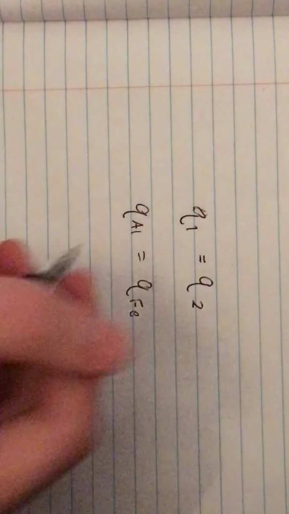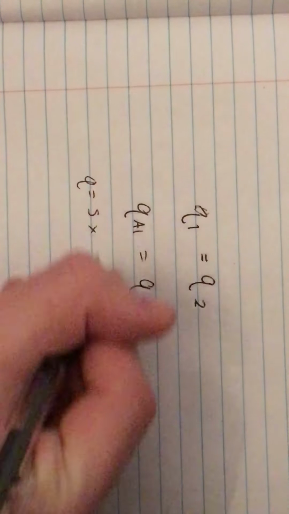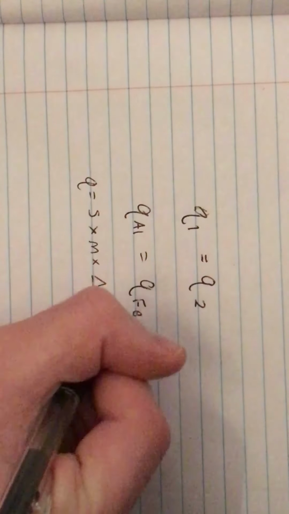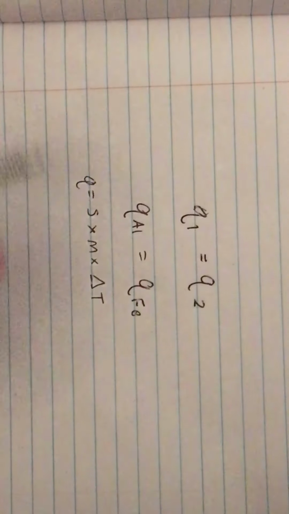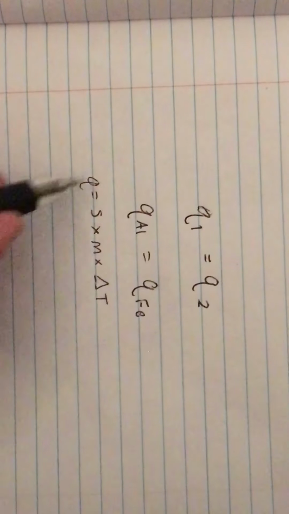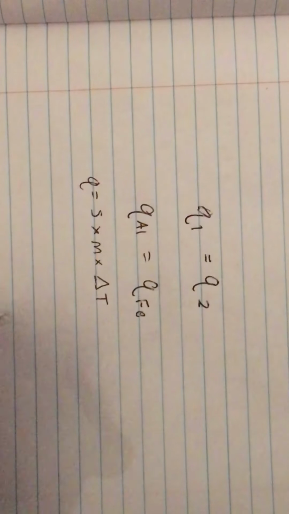So if you remember from the homework you just did, which would be the specific heat calculations, Q is equal to S times M times the change in T, right? So if we know Q is this, well then we can just substitute this whole thing right here, these three factors, in for Q, right? Does that make sense?